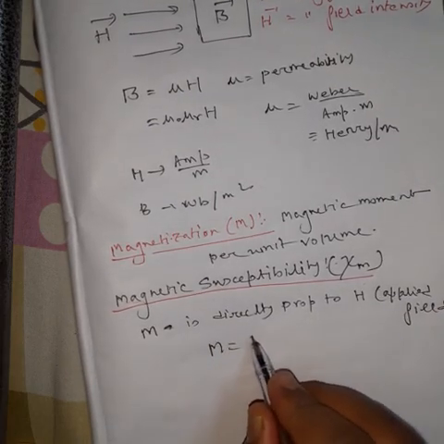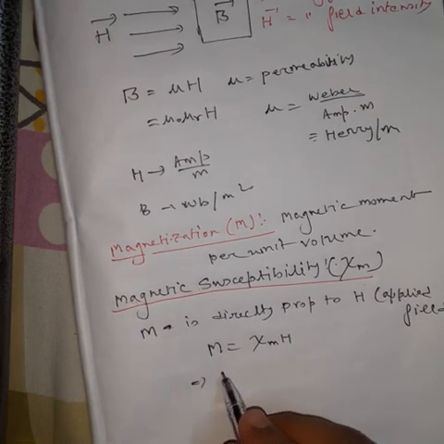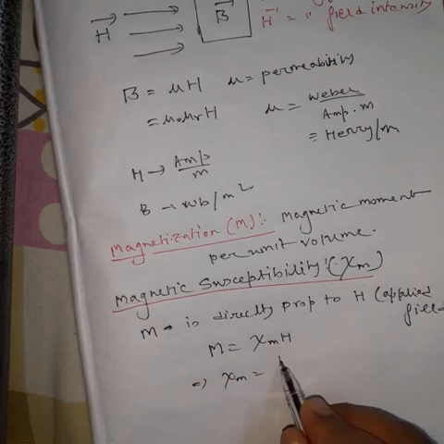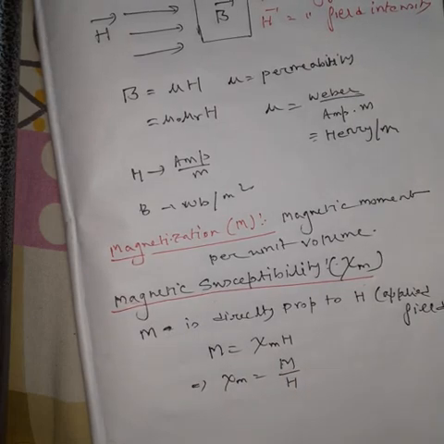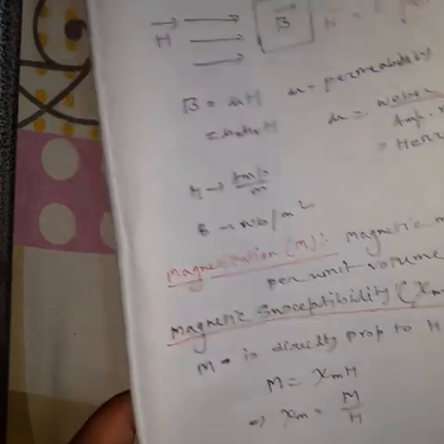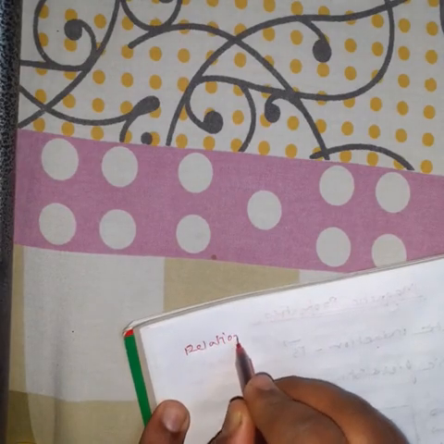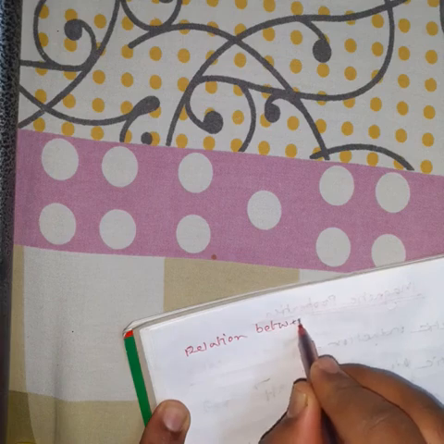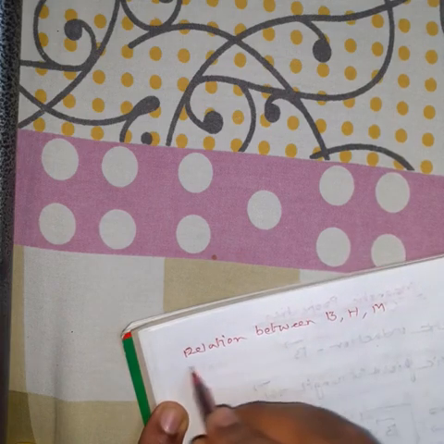So M we can write as chi m into H, so chi m equals M by H. We can find out the relation between B, H and M easily, so let us try to do that.